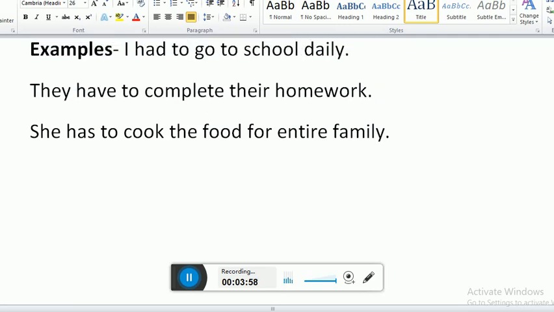They have to complete their homework, she has to cook the food for the entire family, so it means she has to do the work without any interest, she doesn't want to do that work, but she has to cook the food for the entire family. As for the students, they have to wake up early in the morning, the students have to do the homework, like this.